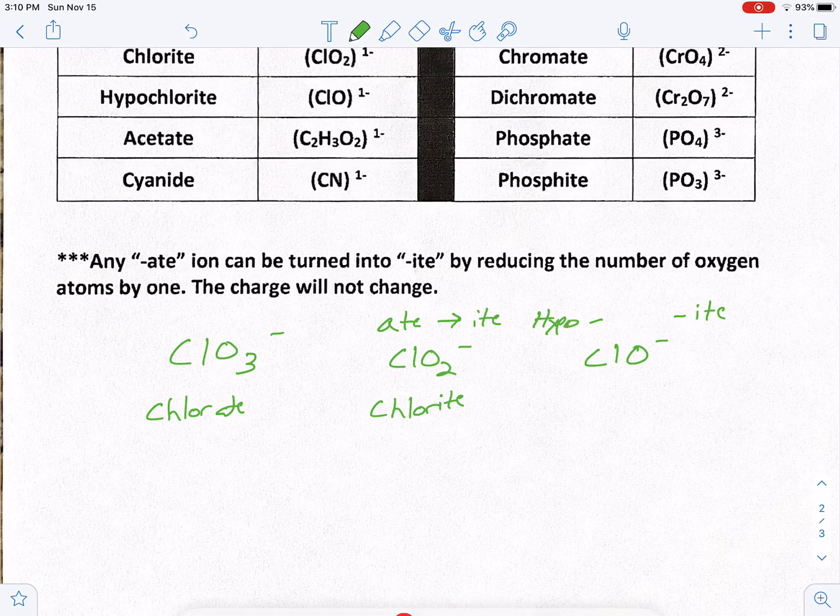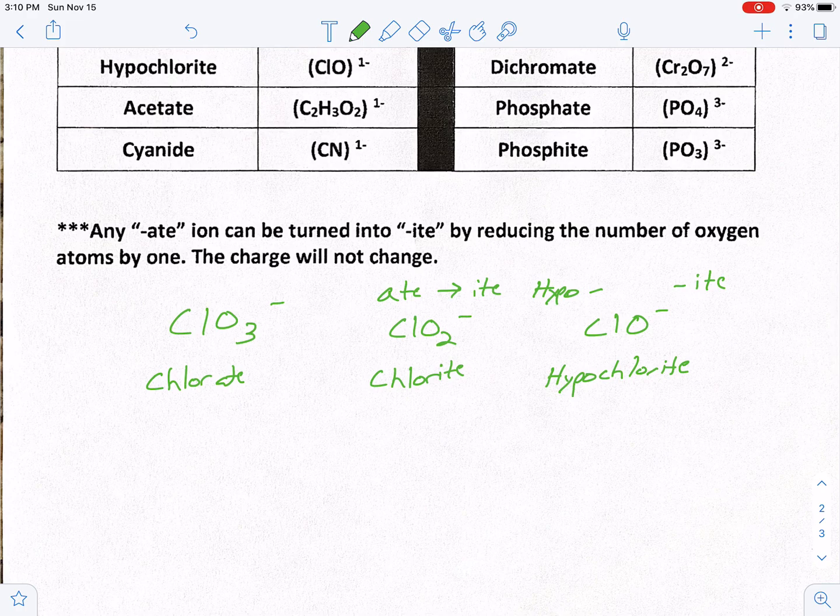So this now would be hypochlorite. The way I try to remember that is people with low blood sugar, like hypoglycemia. Hypo means low. So when people go hypoglycemic, they have low blood sugar. So that means we're getting too low, so we lost 2 oxygens.